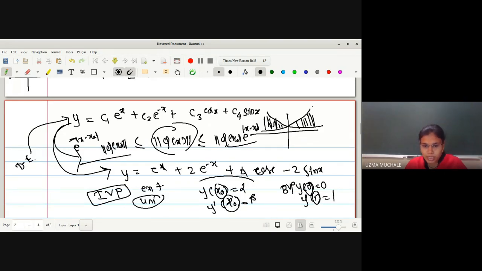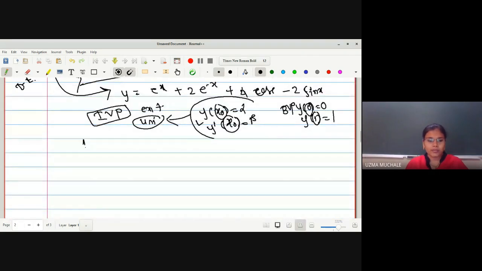And this condition ensures that out of all those curves, you are going to get a unique curve. That is, the uniqueness theorem ensures that out of all those infinitely many solutions, you are having only one unique solution which is passing through these two points. Suppose we are having infinitely many solutions.